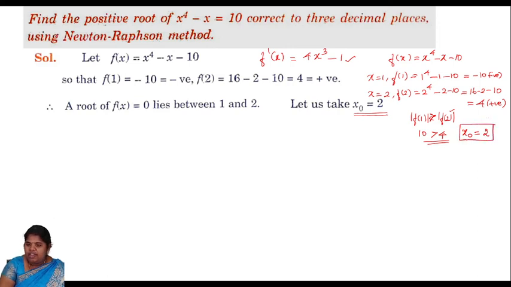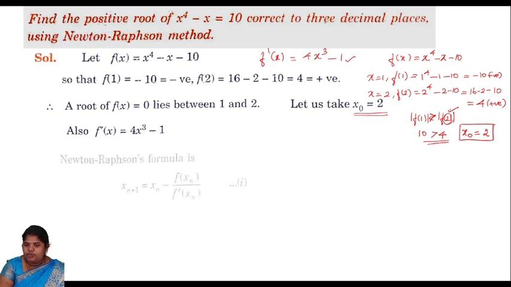So the initial value x naught here is 2.